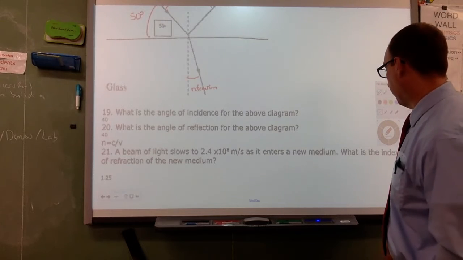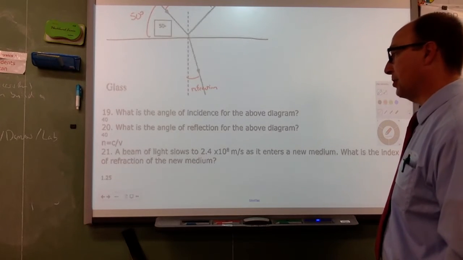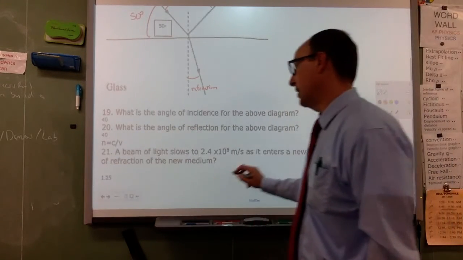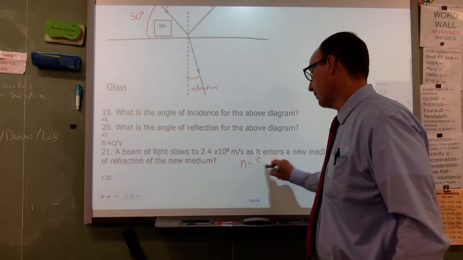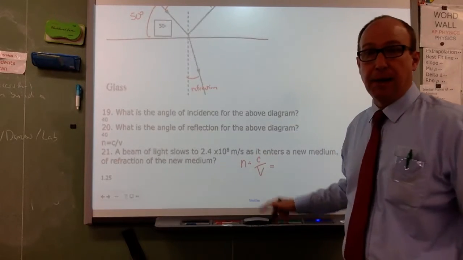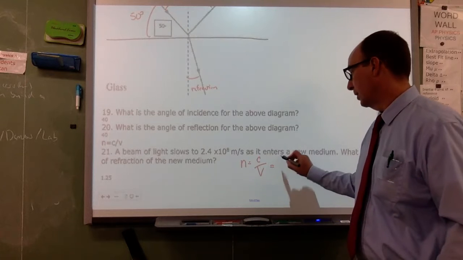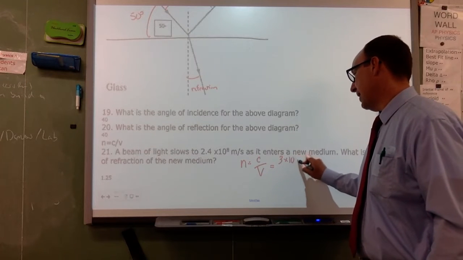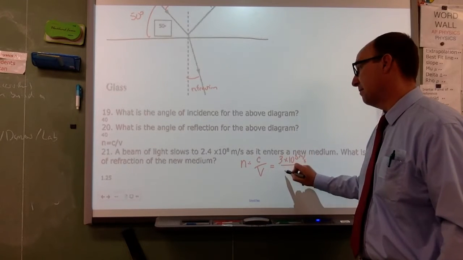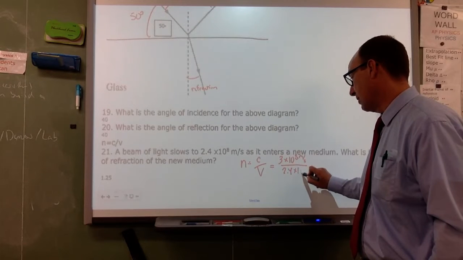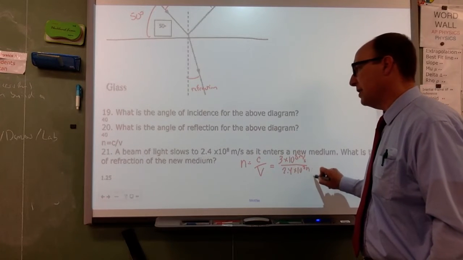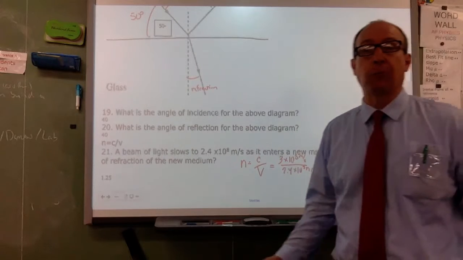The index of refraction tells us how much this changes. This is going to be the speed of light divided by the speed in the new medium. So this is going to be 3 times 10 to the 8th divided by 2.4 times 10 to the 8th. And all of these index of refractions are going to be greater than 1.